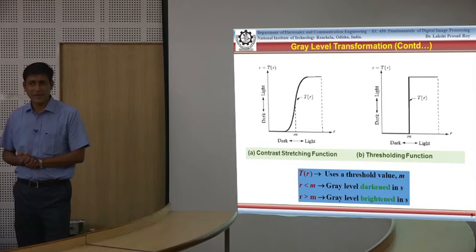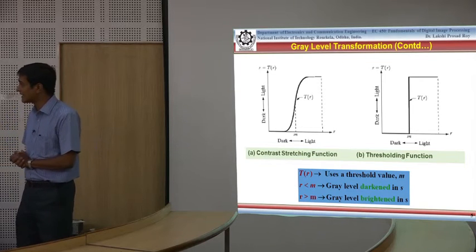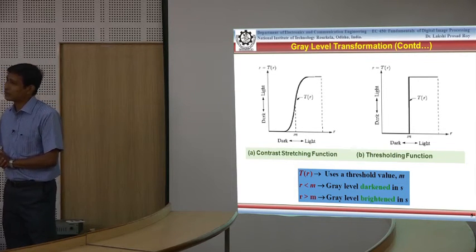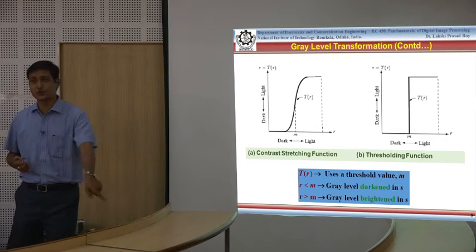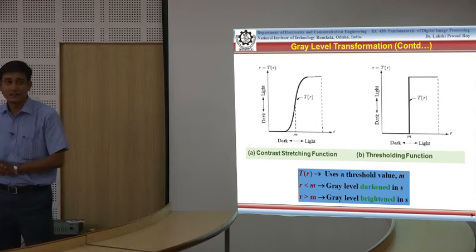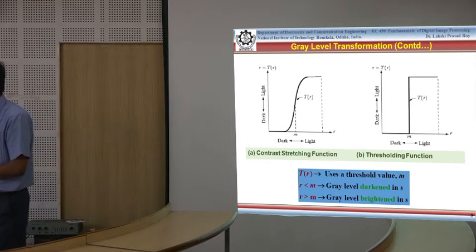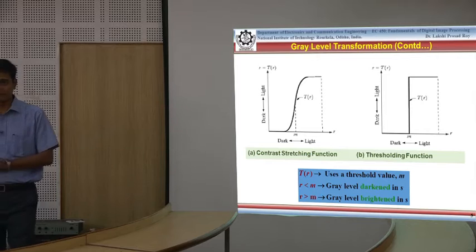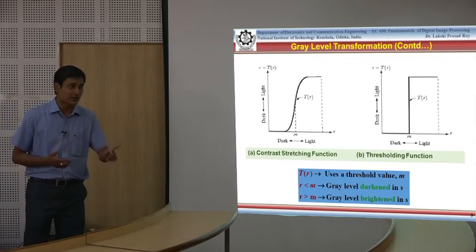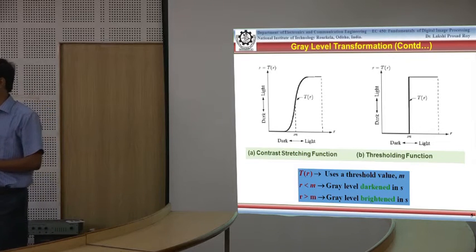So this is nothing but a binary image. Even though the intensity values were not 0 but close to 0, now they are pushed to 0, and those higher than m, which were not that bright, I have still made bright, maybe for some purpose. But the transformation function, defined there as capital TR, will do that.